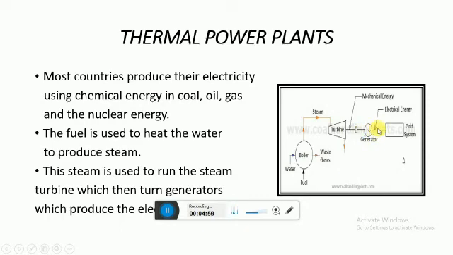We get this electricity at our homes, at factories, or any plaza, whatever the area would be, after production from the generator.